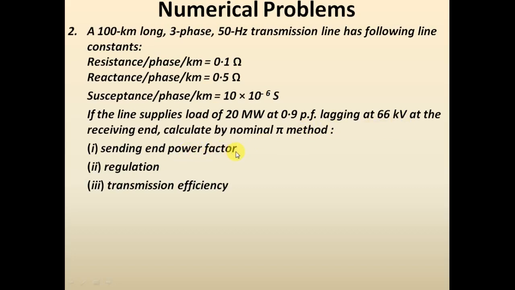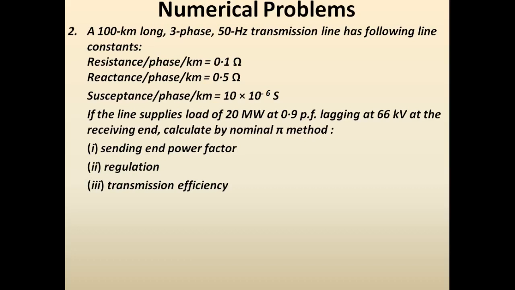Sending end power factor can be determined after obtaining the values of vector Vs and vector Is. From the polar form of vector Vs, you will be able to find the angle which vector Vs is making with vector VR. Similarly, from the polar form of vector Is you will be able to obtain the angle vector Is is making with vector VR.